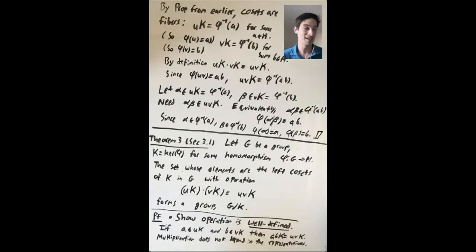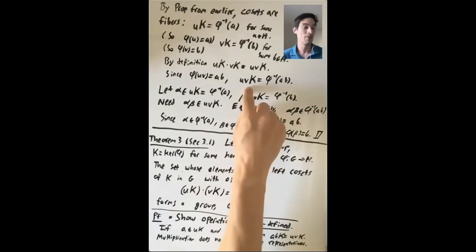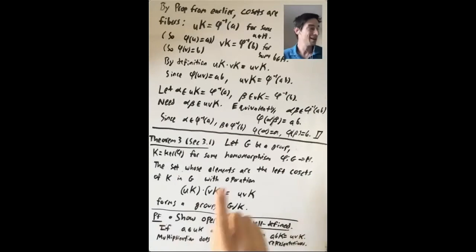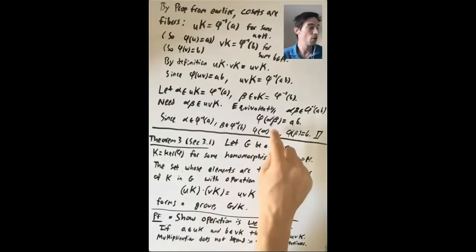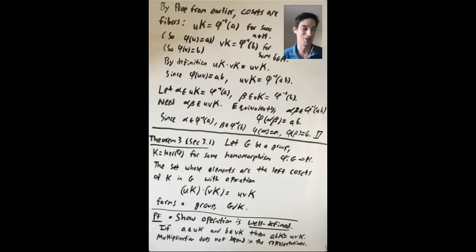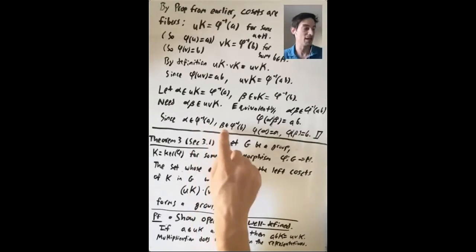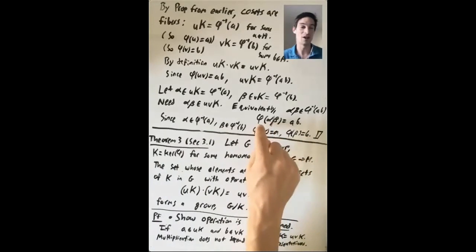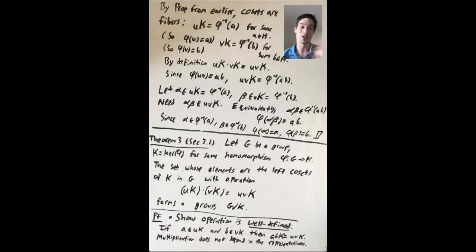That's equivalent to saying that alpha beta is in the fiber above ab, because we already said that this coset is this fiber. How do you show that alpha beta is in a certain fiber? Just apply phi to it and see where it goes. All we need is that phi of alpha beta is ab. Alpha is in the fiber above a and beta is in the fiber above b, so phi of alpha equals a and phi of beta equals b. Phi is a homomorphism, so phi of alpha beta is phi of alpha times phi of beta, which is ab. And we are done showing that this operation is well defined.